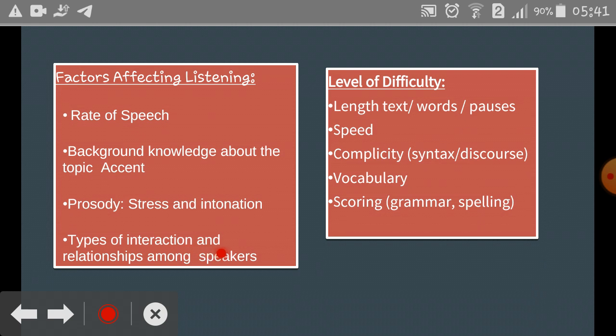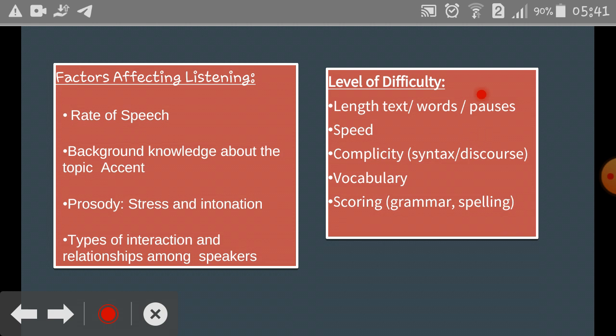If you have a close relationship with the speakers, you can use informal language. But if you interact with another person in a formal situation, for example, you come to the lecturer's office, then the listening comprehension will also be different.